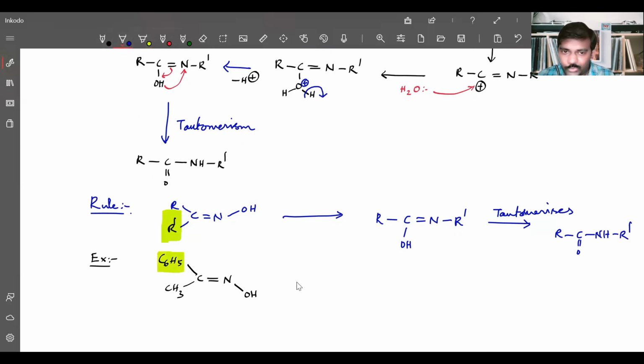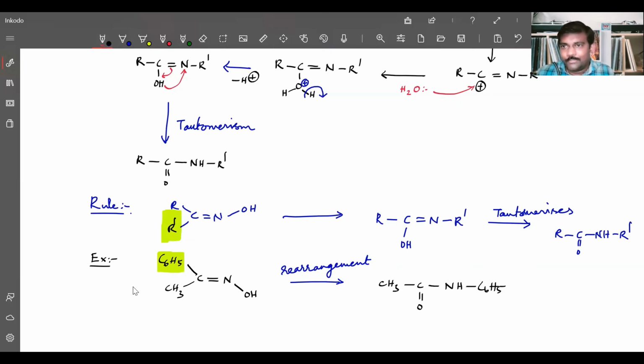So phenyl group should be migrated. So after rearrangement, the amide I get is, methyl will be here only. So here C double bond O, and here I get a phenyl group attached to this nitrogen. So this will be the final product, right?